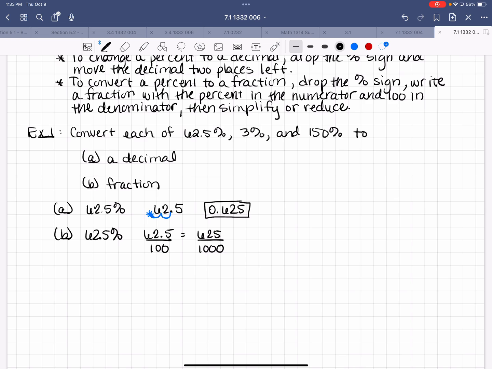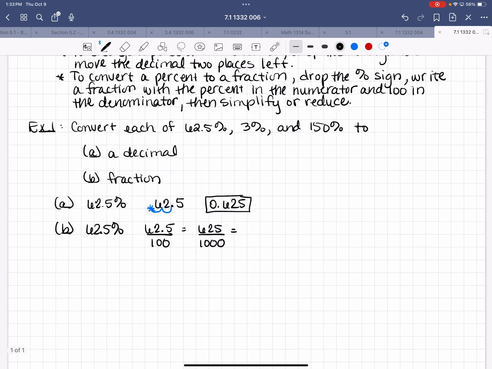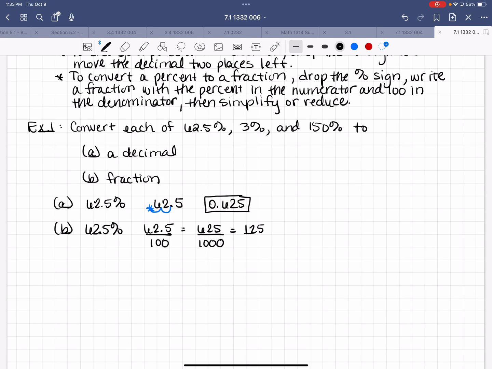If we didn't know that and we didn't have that calculator, I could always reduce that myself. I know 5 has to go into 625 and 1,000, right? Because it ends in 5 and 0. 5 goes into 625 125 times, and it goes into 1,000 200 times. Both of those will still reduce by 5.